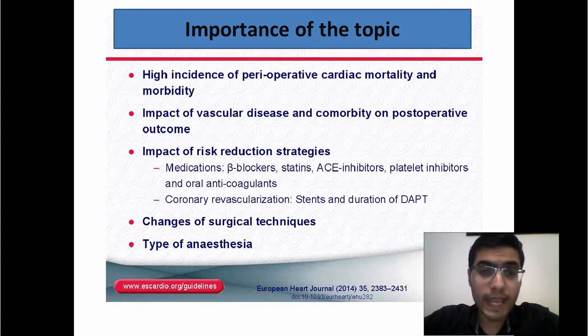We should know the impact of risk reduction strategies like using medications such as beta blocker, ACE inhibitor or ARB, statin, platelet inhibitors, oral anticoagulants, and their impact on reducing the risk of cardiac mortality perioperatively, and also the need for coronary revascularization, either using PCI, percutaneous coronary intervention, or by open cardiac surgery, what we call CABG.